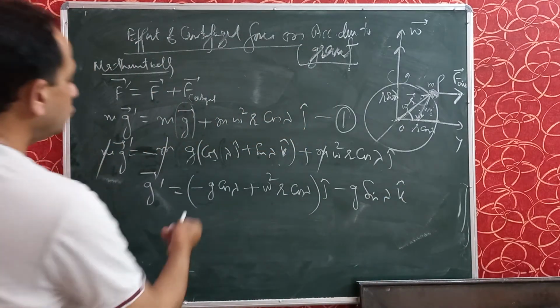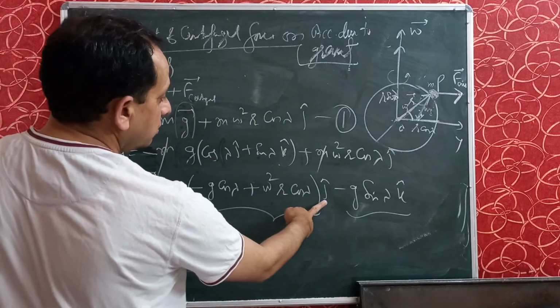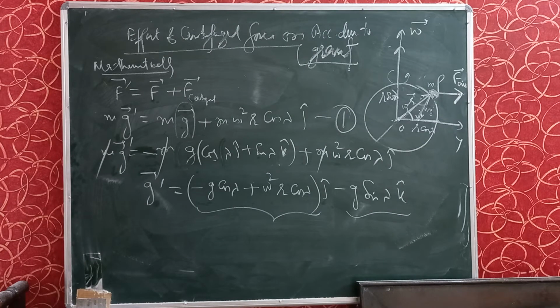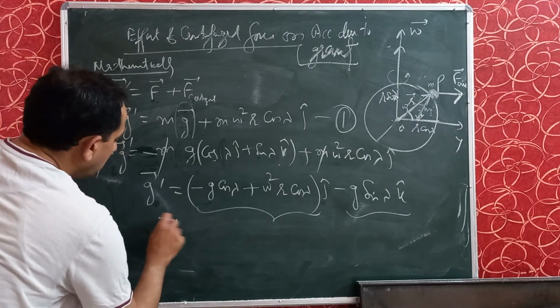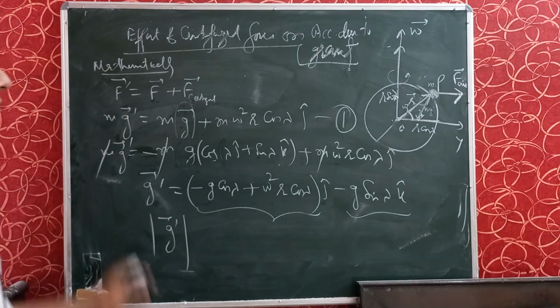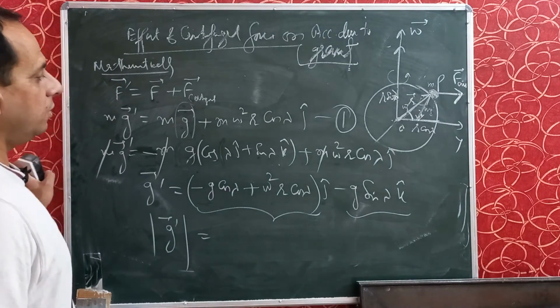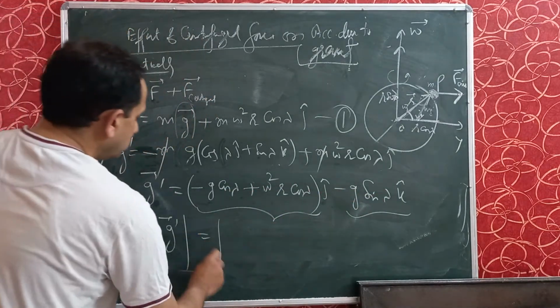So this g vector has two components. One component is along the j side, that is the y axis, and the other is along the z axis, that is along the k side. Now you will find the magnitude of this resultant vector. The magnitude is the square of both components under root.